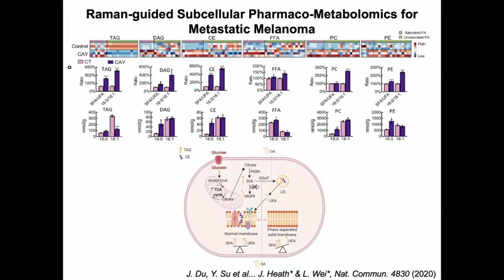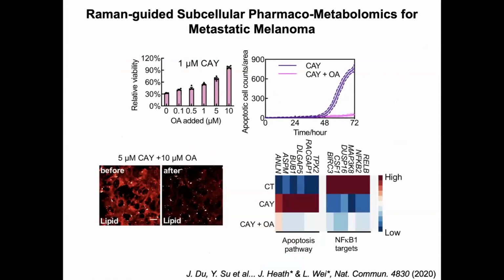So with that, we further confirmed by adding more unsaturation using oleic acid incubation, we were able to rescue the susceptibility for those M381 cells. We further did lipidomics on control cells treated with the monounsaturation inhibitor and rescued by oleic acid.